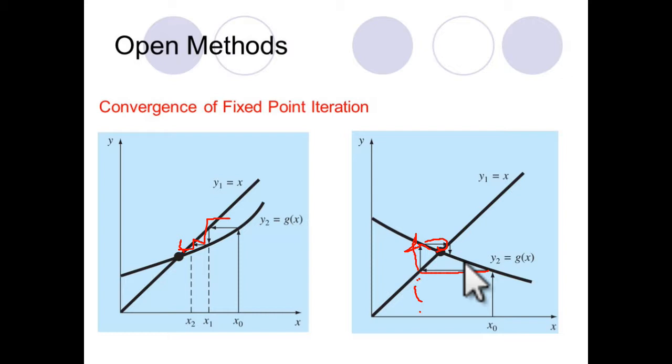Now here we have another function. We begin again from an arbitrary point x0, and the first thing that we do is we evaluate the g of x. So this is our point. Then we go like this, and as a result you are getting far away from the root.